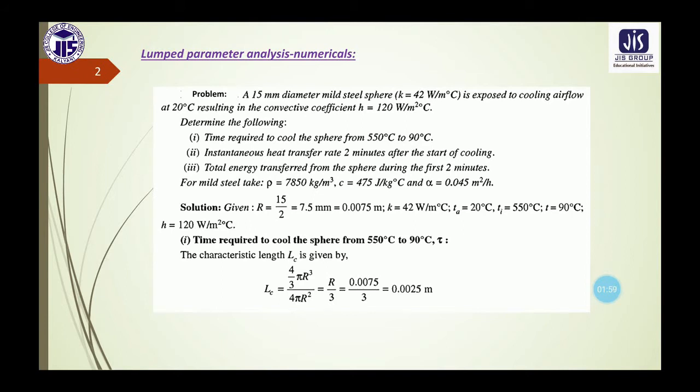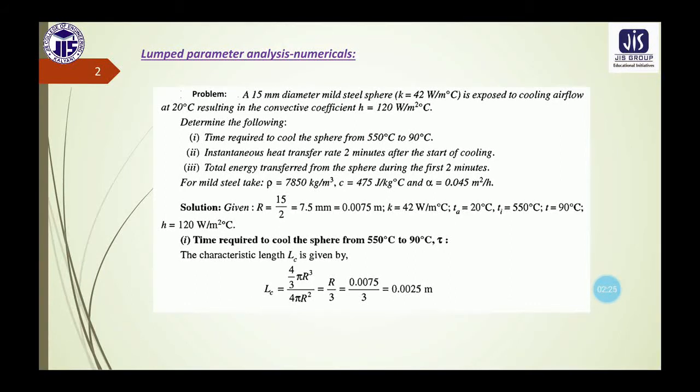For mild steel, the density is 7850 kg per meter cube, C is 475 joule per kg degree centigrade, and alpha, the thermal diffusivity, is 0.045 meter square per hour. So let us start the solution.